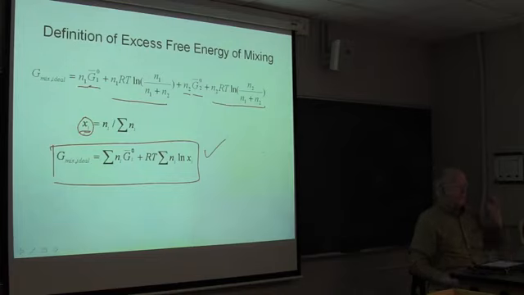Like if we had liquid bromine, and I forget the atomic weights of the isotopes of bromine, but if we had bromine of one isotope and bromine of another isotope and mixed them together, or if I had benzene that had 6 hydrogens and benzene that had 5 hydrogens and 1 deuterium, they would come close to forming an ideal liquid mixture, and they would obey this equation. So you get the idea of an ideal mixture?